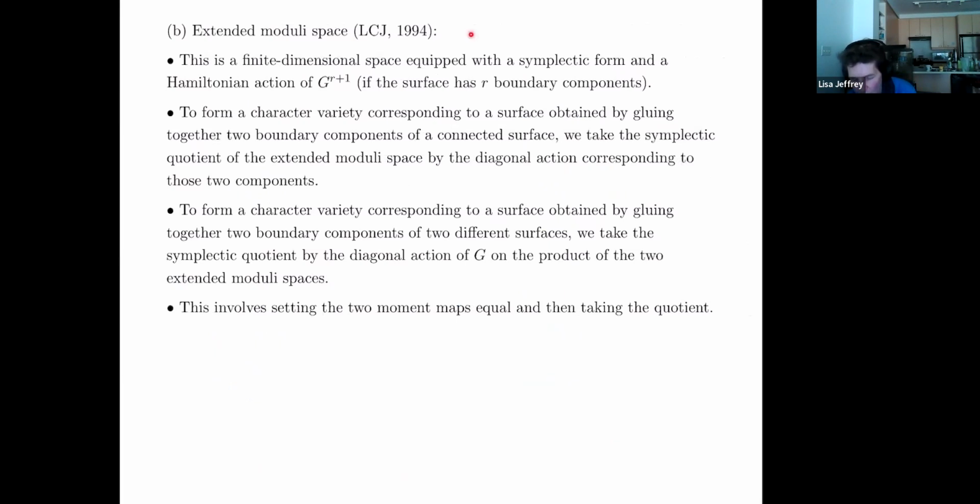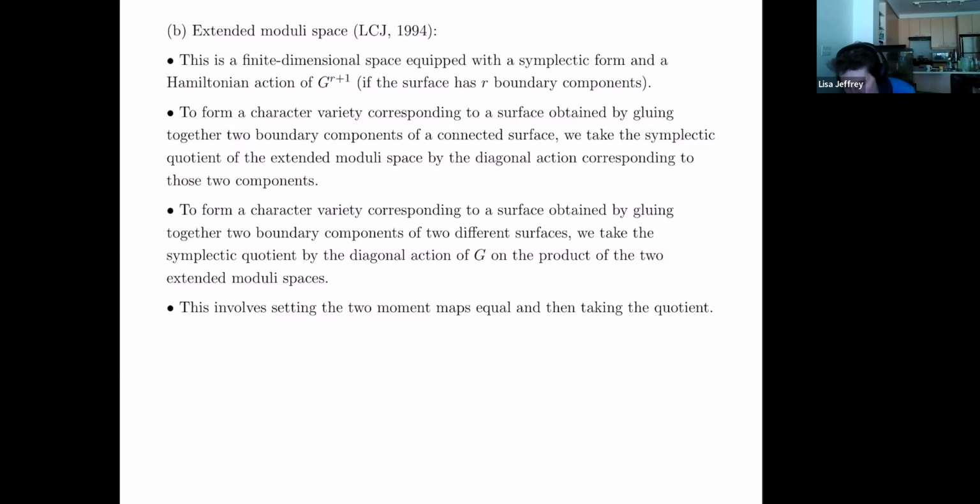Some of this can also be interpreted in terms of extended moduli spaces, which I introduced in 1994. These are finite dimensional spaces equipped with a symplectic form and a Hamiltonian action of a group.